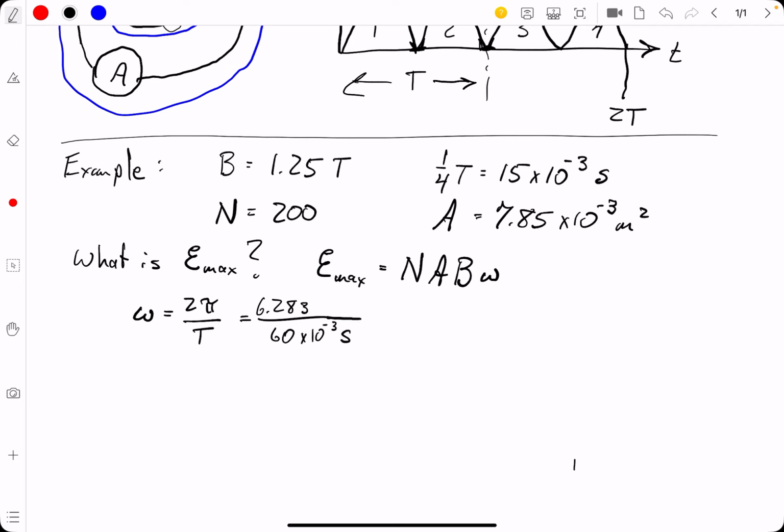That gives us radians per second. So that's nice. That is omega equal to 104.7 radians per second. So we've got everything we need to just knock it out.